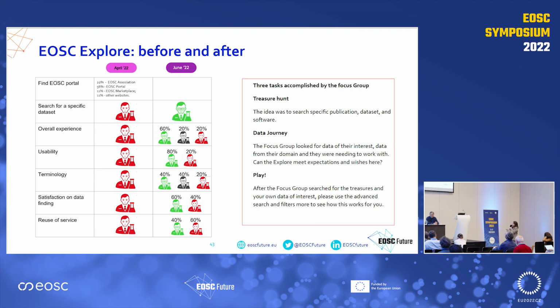The usability increased a lot. The terminology is still a pain, I think, for all EOSC. I think this terminology reflects more or less the discussion that we had during these previous days. The satisfaction of data finding was higher.